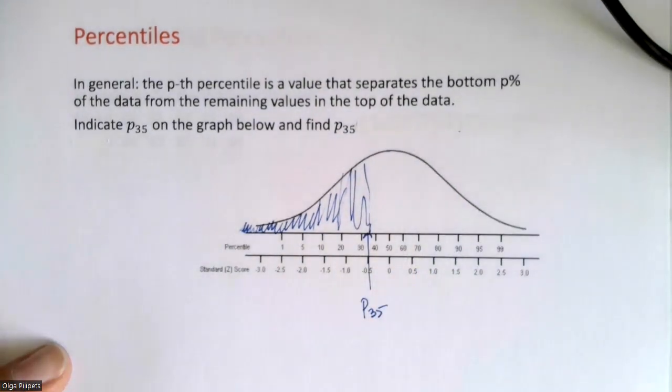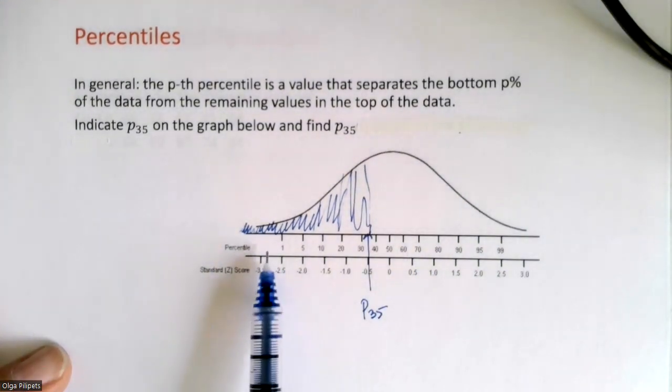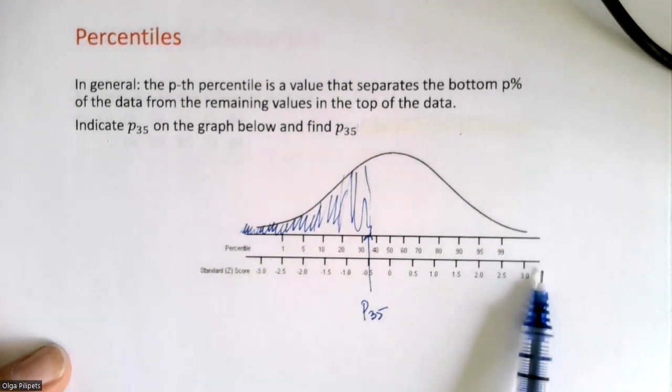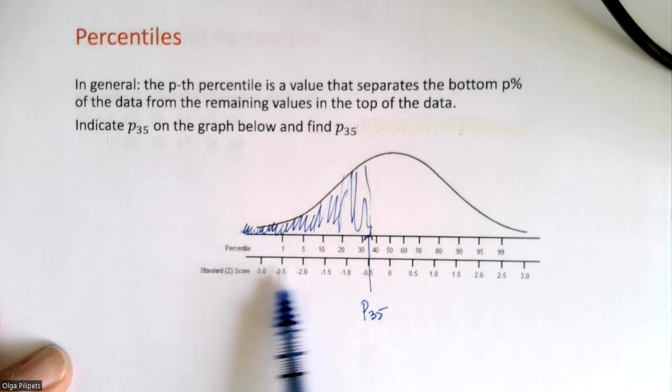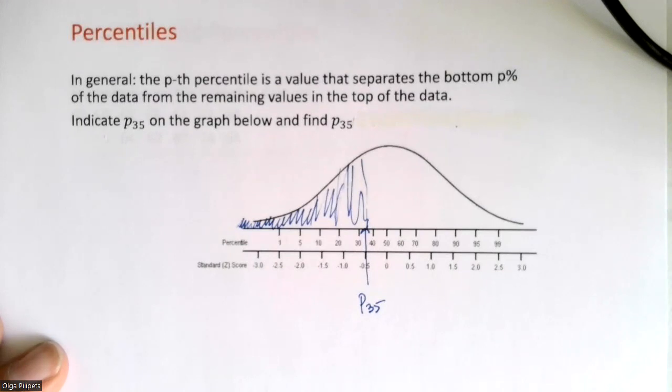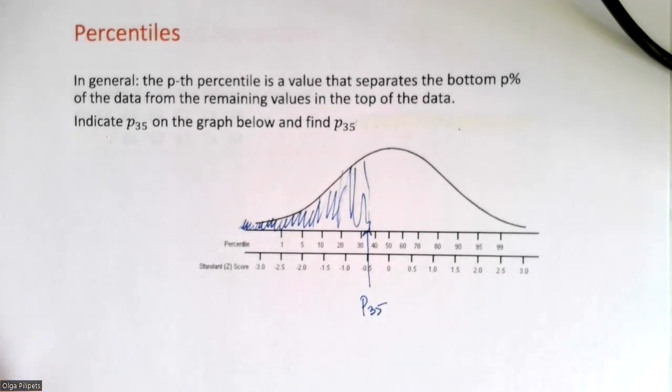So I just want you to keep in mind that the percentiles and the z-scores are connected. The z-scores are tied to the center of the data, which is 0, and which coincides with 50%.